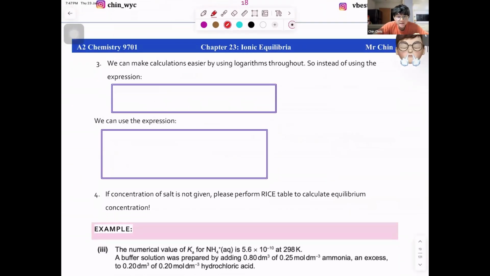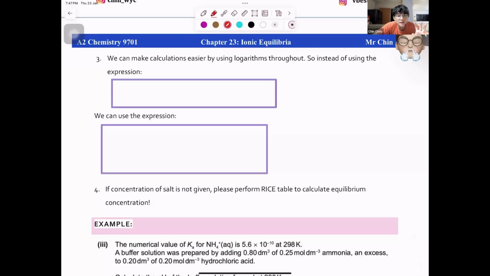All right, guys. Now, to make your calculation easier, we have two different formulas that you can apply. So pH equals negative log base 10 of Ka multiplied by the concentration of your acid over the concentration of the salt.